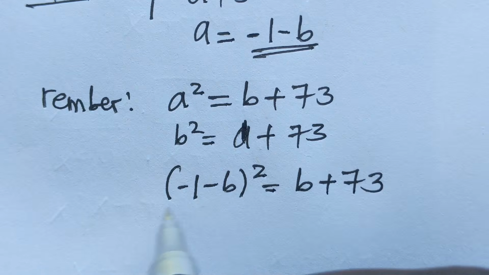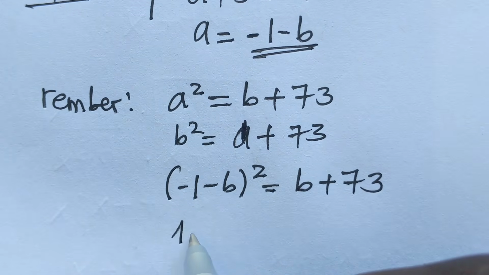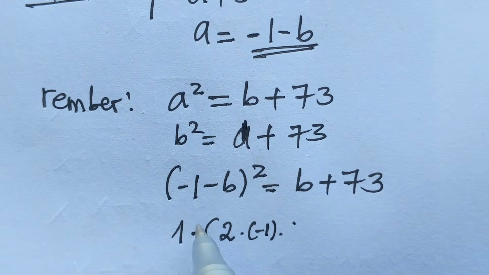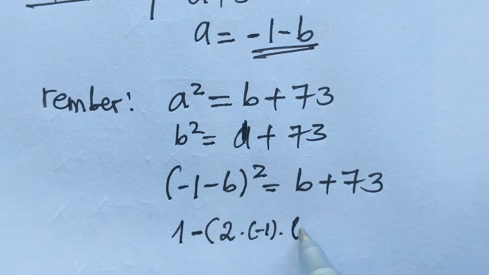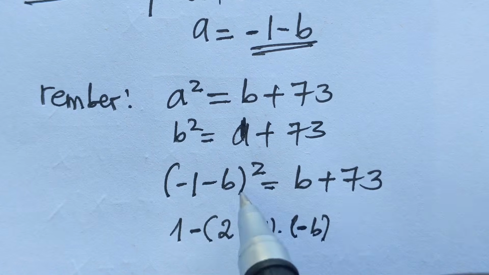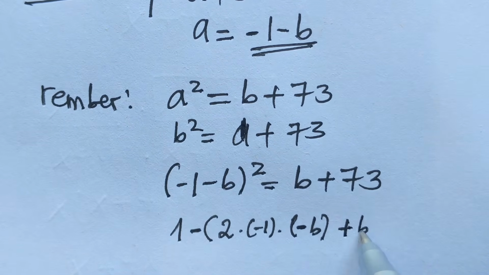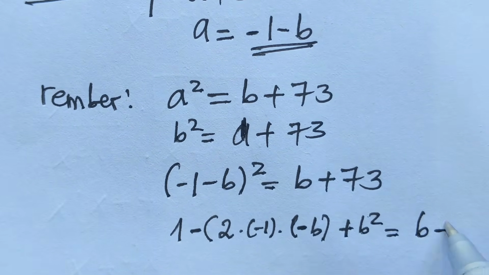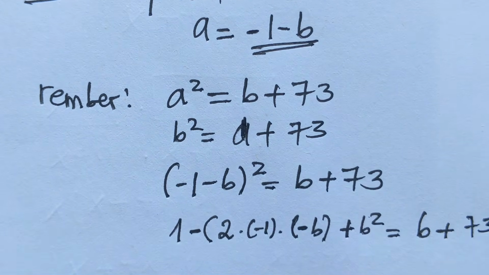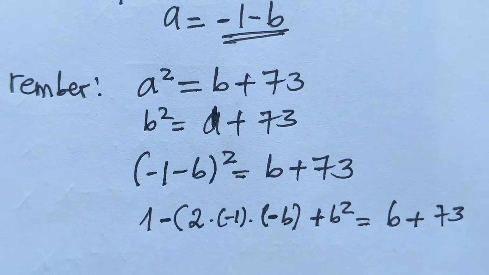So this one can be 1, and of course we have minus 2 times negative 1 times, here 2ab, negative b, then plus b squared, which equals b plus 73, as we have it right here.